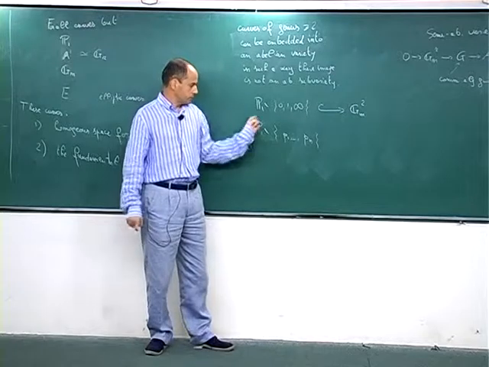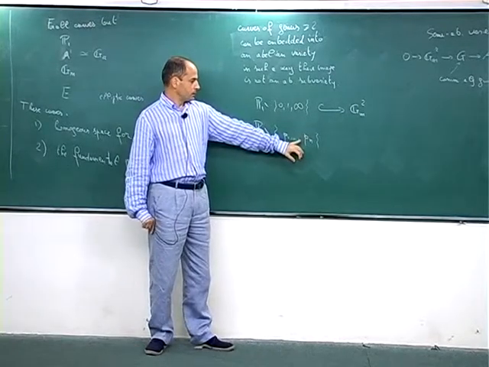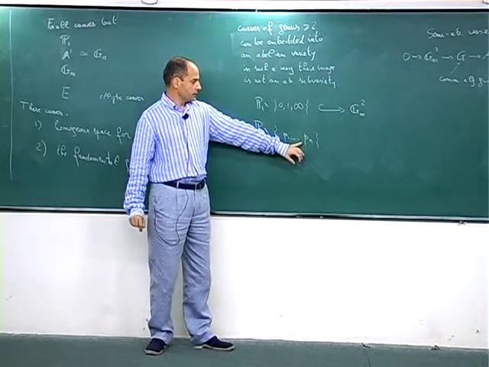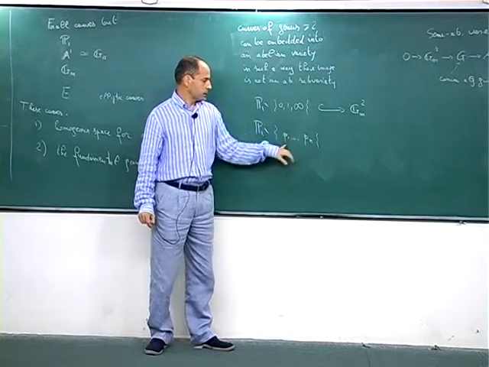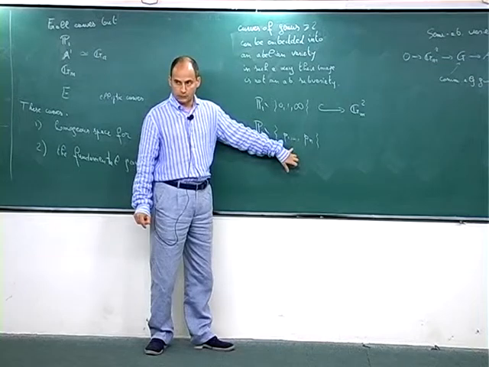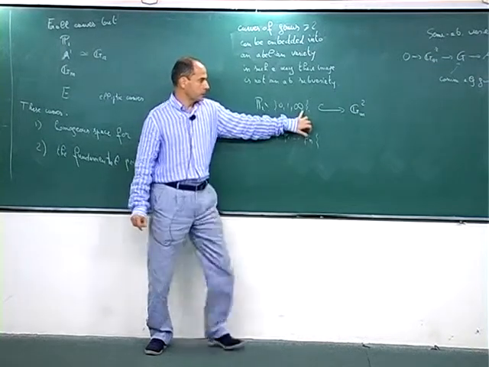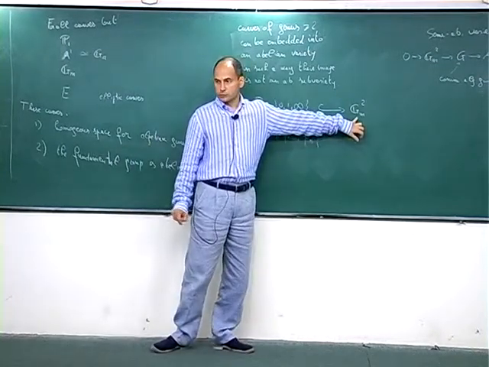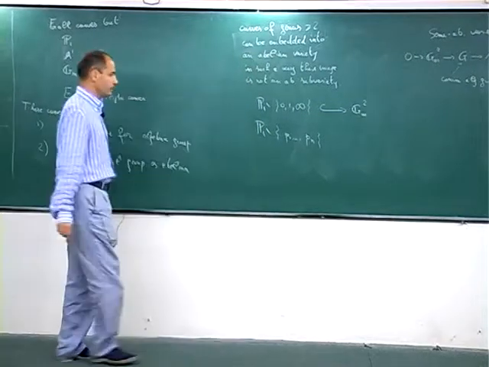And we have as many independent functions as the number of points we remove minus 1. So if we remove 3 points, we have a map to Gm square.